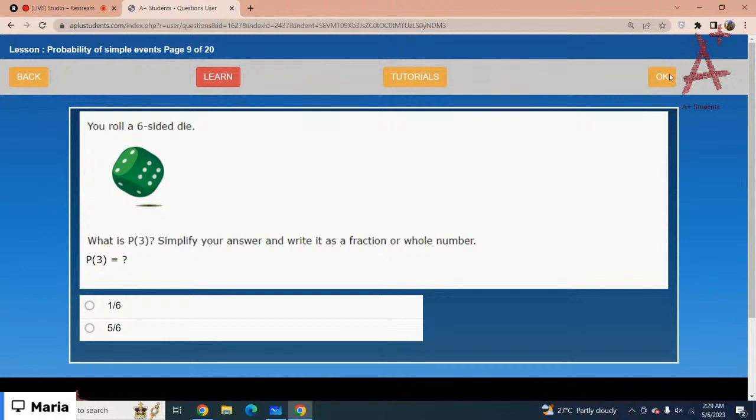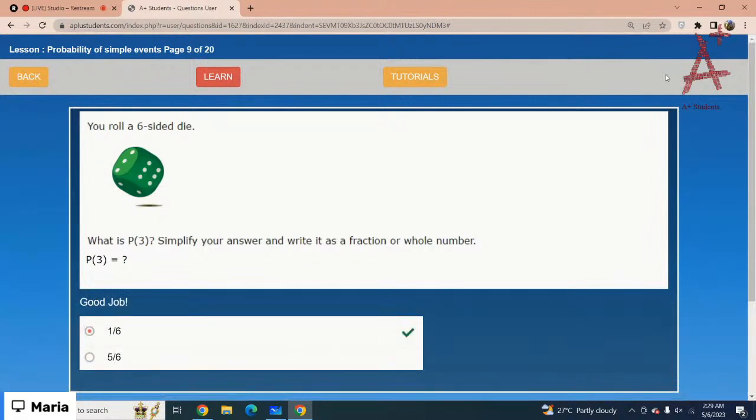Got it? The total outcomes are 6 and 3 is one of them. So it would be 1 over 6.